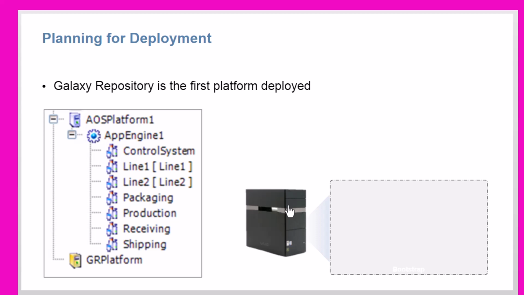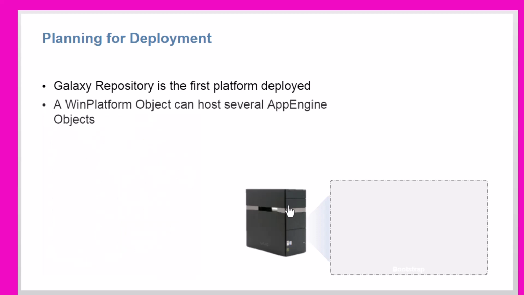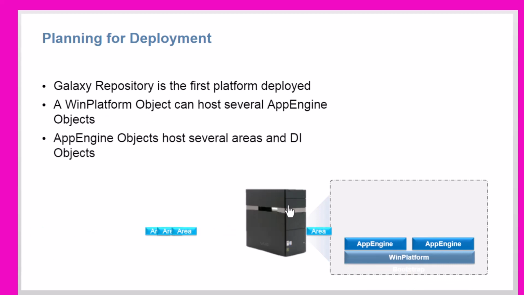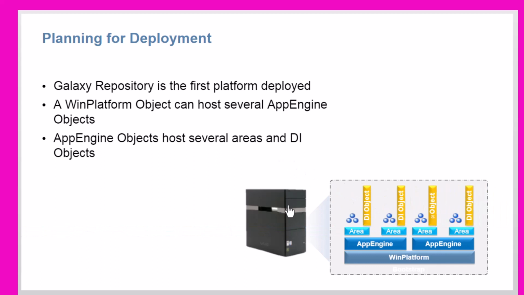This should be verified, as the Galaxy Repository may be located on a different machine. A WinPlatform object can host several App Engine objects. Application Engine objects can host several areas and DI, or Device Integration, objects.